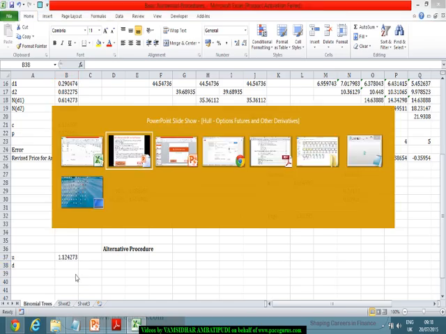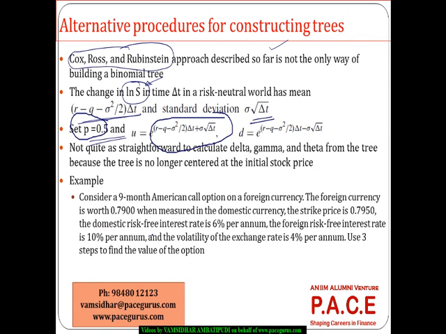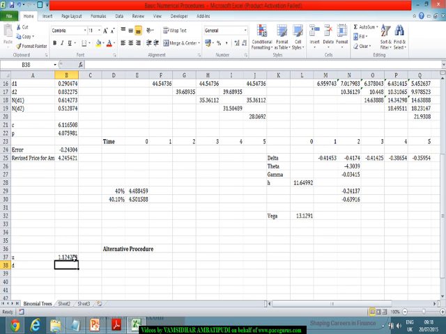Similarly, the down movement comes out as r minus q minus sigma squared by 2 times delta t minus sigma root t. So I can directly copy this formula overall, and I can just put a minus in between. So I put a minus here, and it says the down movement is something around this.